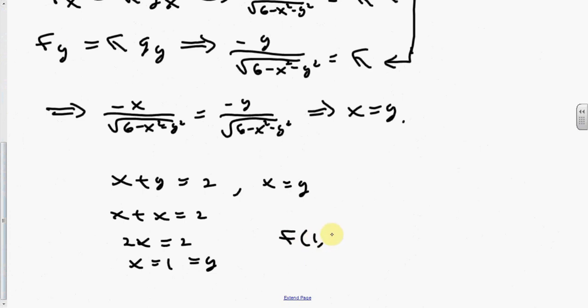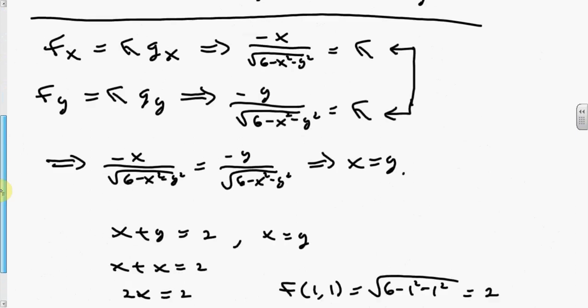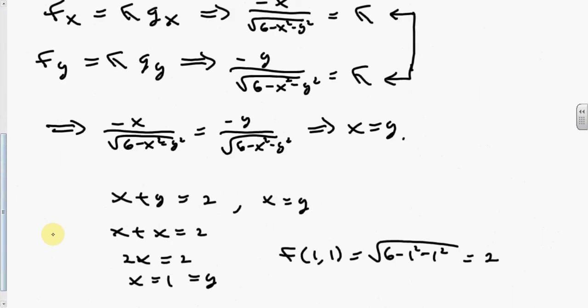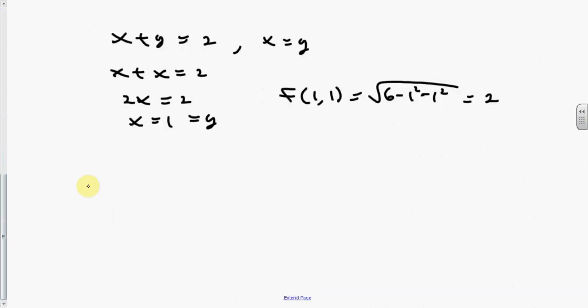Plug (1, 1) into the function. That's the square root of 6 minus 1 squared minus 1 squared. We get the square root of 4. We get 2. So we have a maximum at (1, 1, 2).